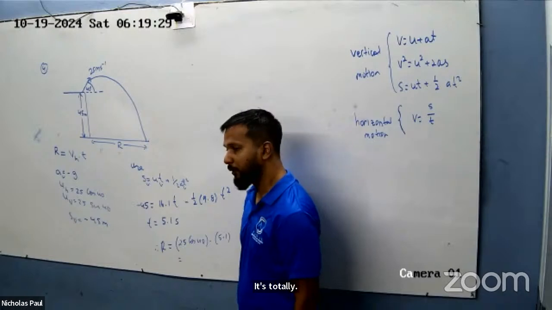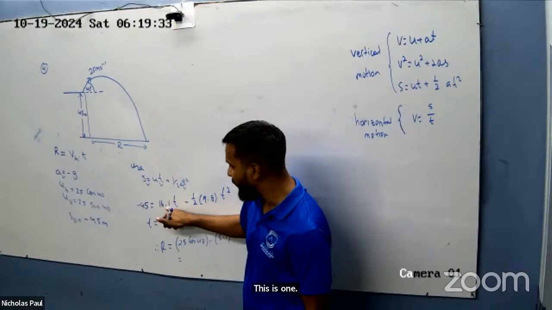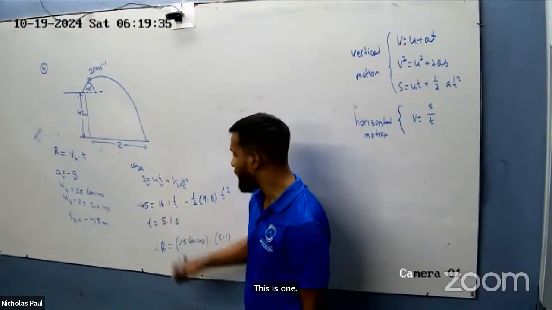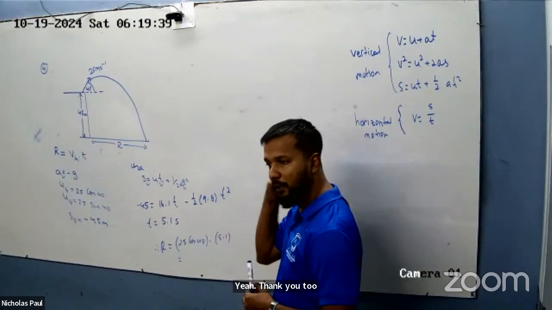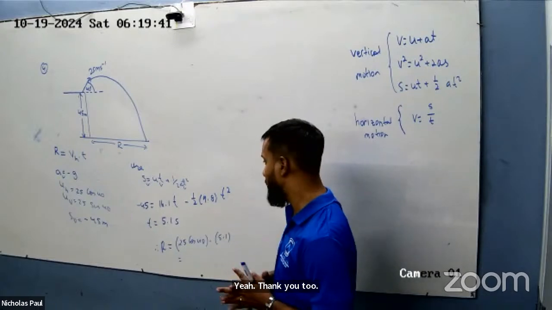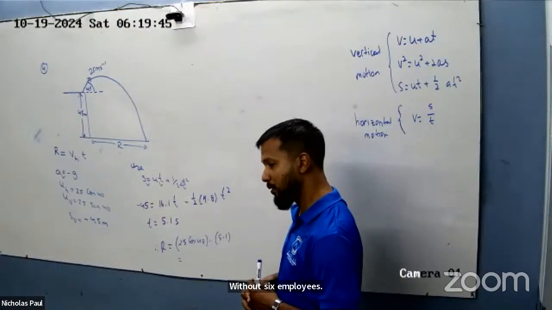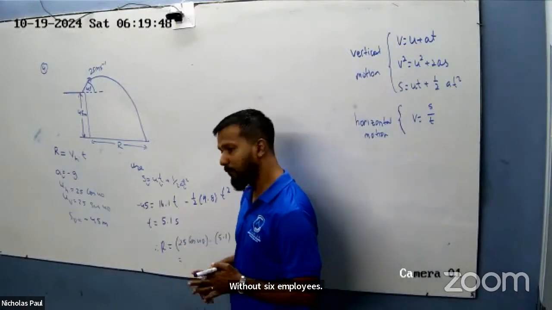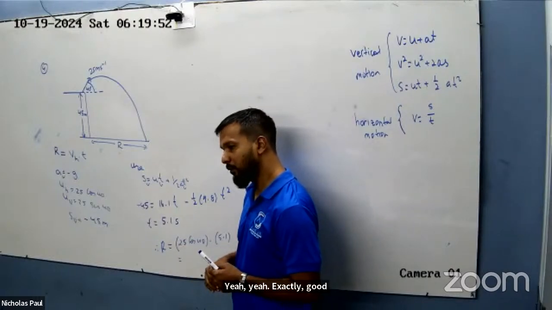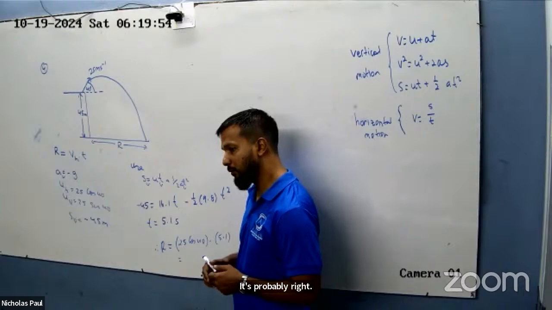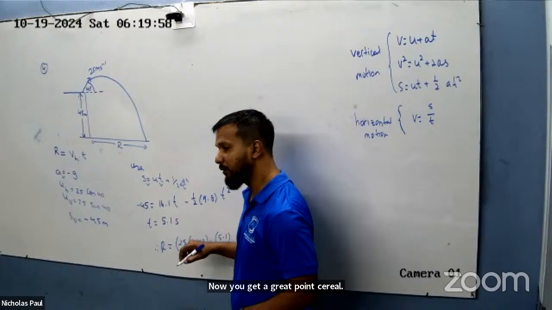That would be wrong. This is 25 sine 40, right? Negative 4.9 t squared, like 16.1 and 40, plus the 45, and you get negative 1, which can't be right, and you get 5.1, 5.08.